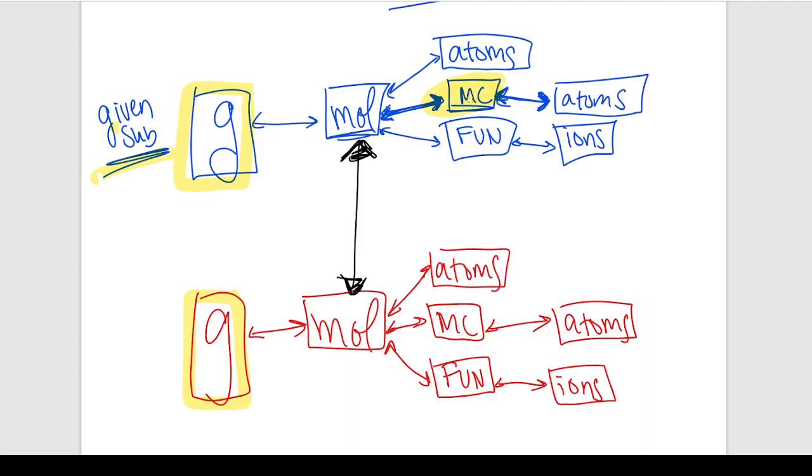So we need to get from molecules of my given substance into grams of a different thing. So I'm going to go molecules to moles. Then I'm going to go from moles to moles. And then I'm going to go from moles to grams. So you see this path we're taking?